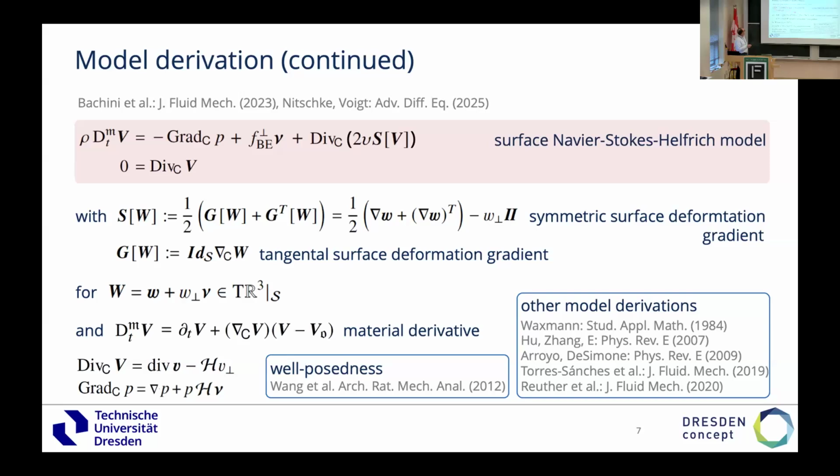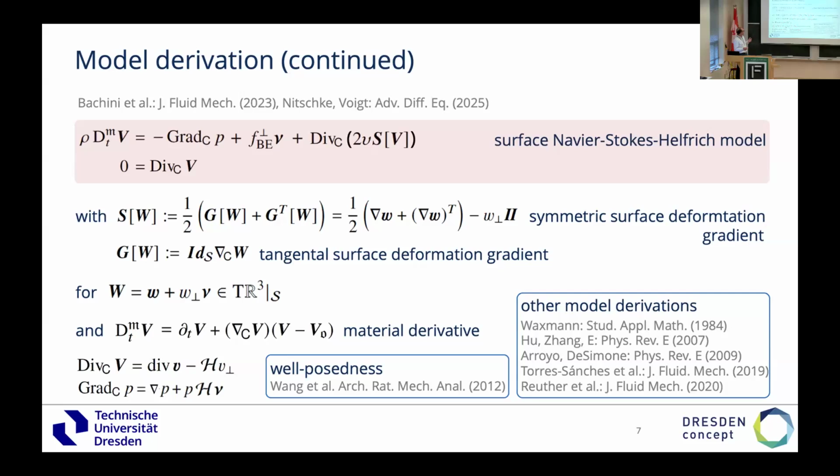It looks like, at least in structure, like classical incompressible Navier-Stokes in 2D or 3D. But here, of course, these operators are the surface operators, and this is an equation on the surface. This symmetric surface deformation gradient is written here again. And now if we decompose W here into a tangential part and a normal part, we can also rewrite this using covariant derivatives and the second fundamental form.